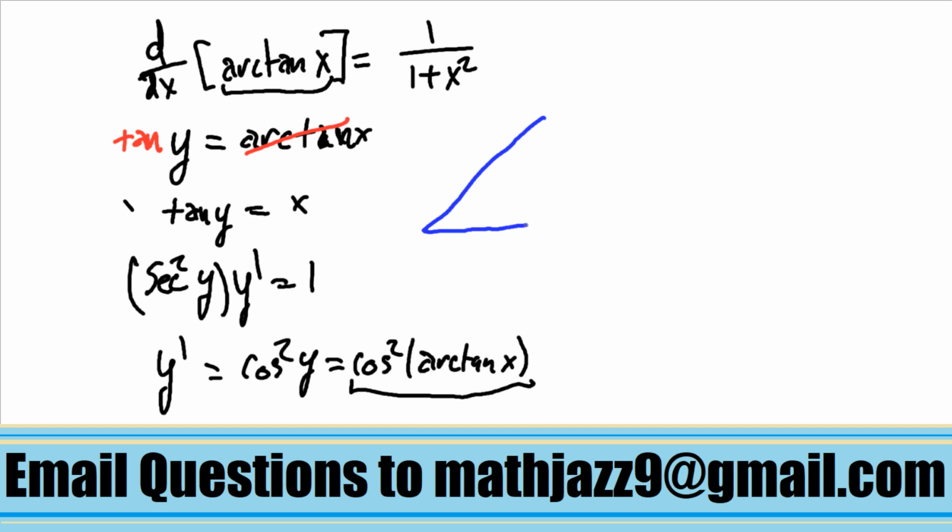Draw a nice little triangle. Now, with this triangle, we're going to have to label one of the angles, and we're going to label it using this equation here. The angle will be whatever's inside our trig function.